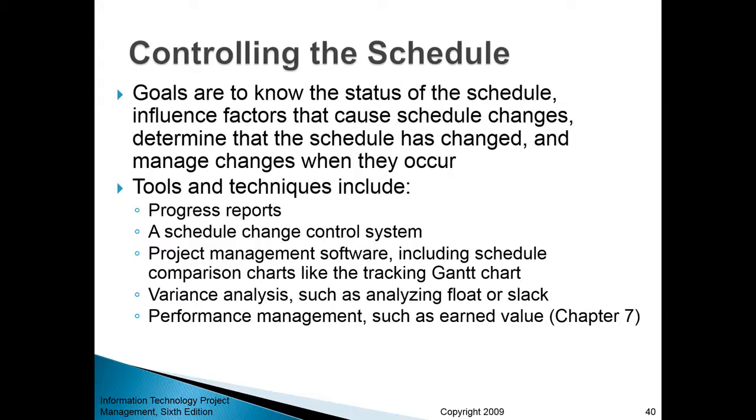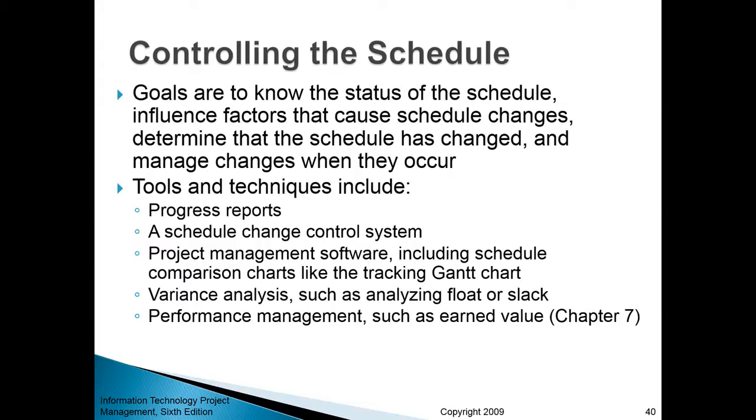Some of the tools and techniques used for controlling the schedule are as follows: progress reports, asking your team members to generate from time to time reports about the progress that they have made between the last progress report and this progress report. A schedule change control system. There needs to be a system for you to keep track of schedule changes.